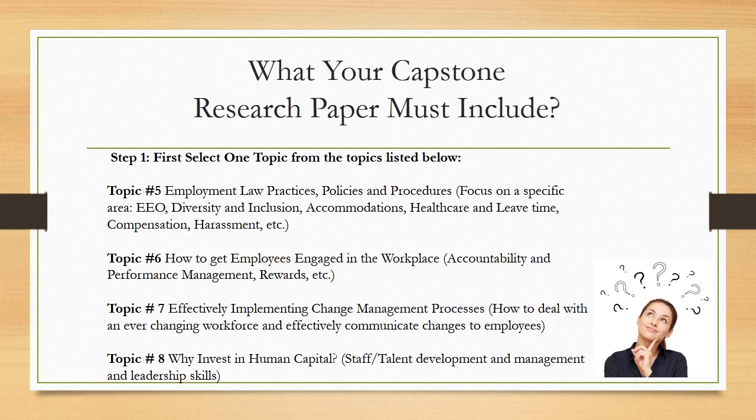But if you do choose the employment law practices, please select one of the specific topic areas to focus on. So do not choose all of them, just one specific topic area.